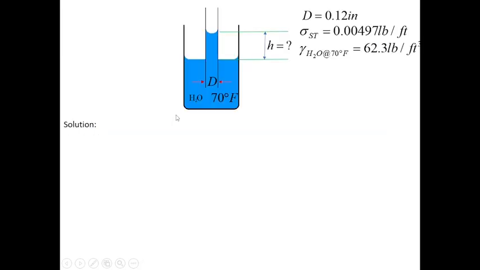So these are the given, and this is the formula in finding the height in a capillary tube of the liquid substance. Before that, since this is water in a clean tube, automatically the angle is zero.